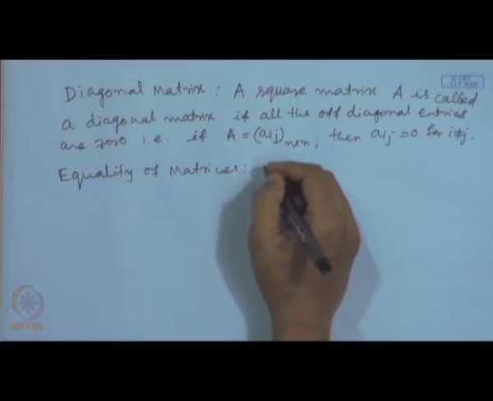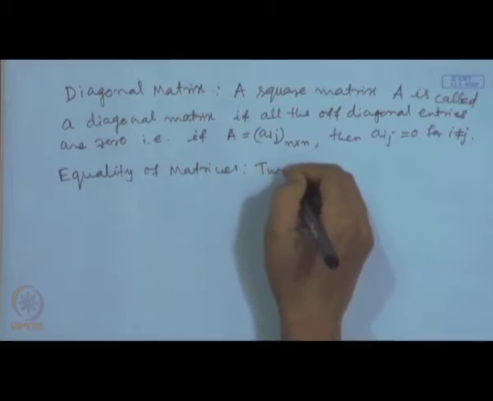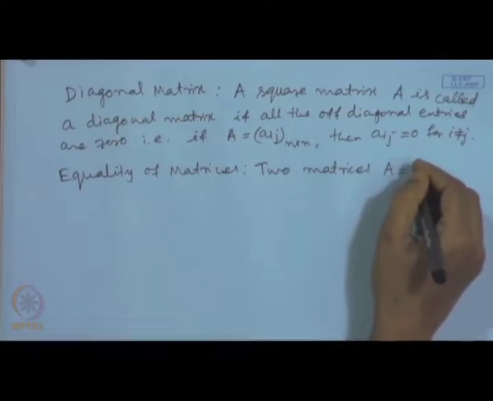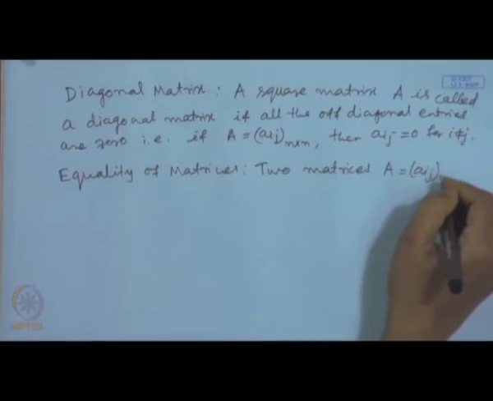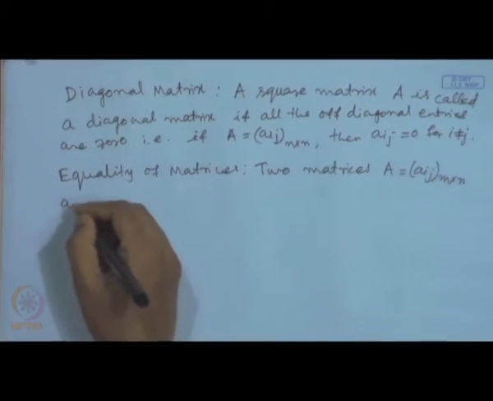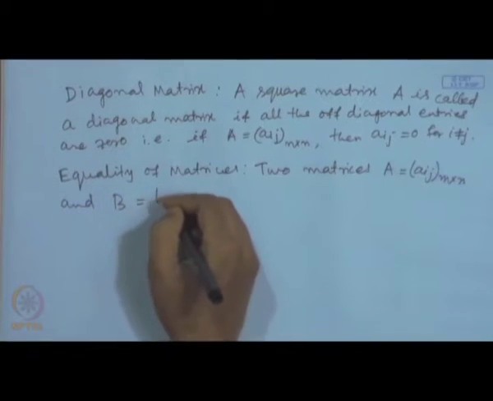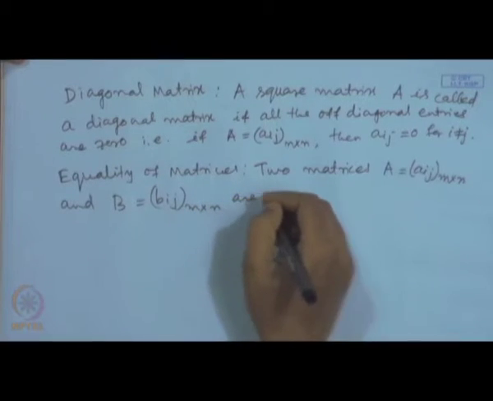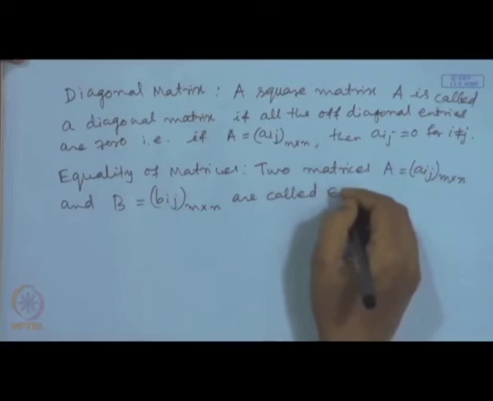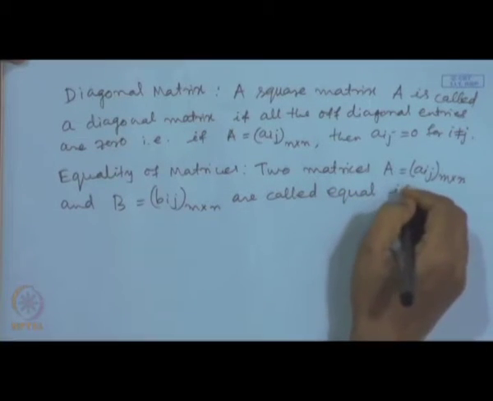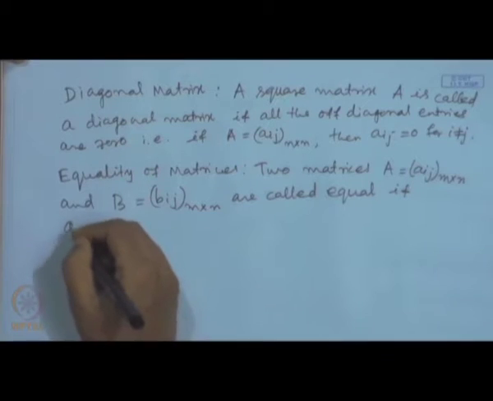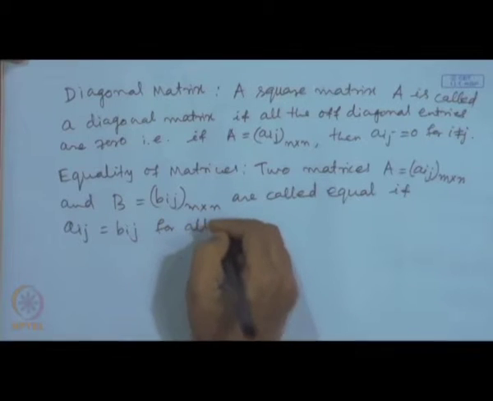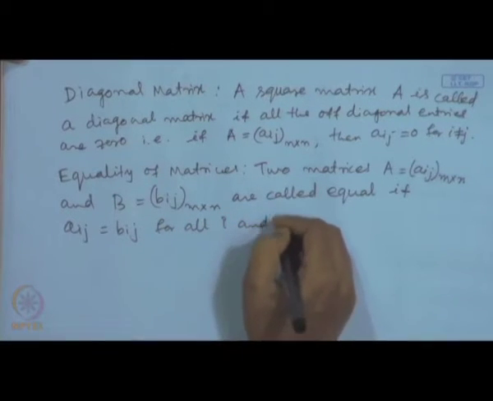Two matrices A and B of the same size, that is, A is m by n and B is also a matrix of size m by n, are called equal if Aij equal to Bij for all i and j.